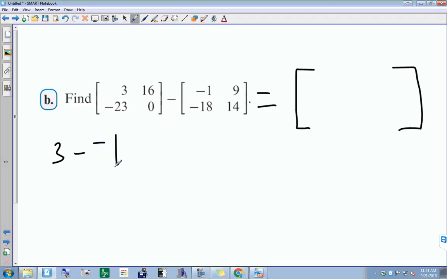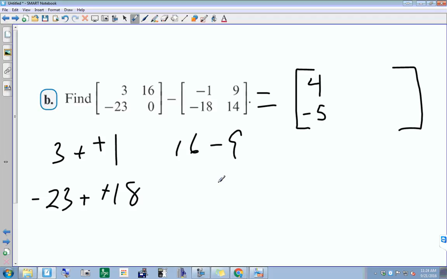Here's where writing out your work is going to be a lot easier on you. So this goes plus plus, and I end up with 4. Down here, -23 minus -18, plus plus, so I end up with -5. Here I've got 16 minus 9. Well, that's just going to be 7. Nothing tricky with it.